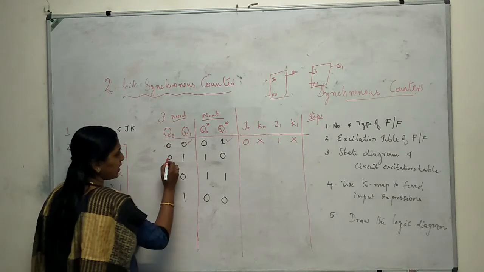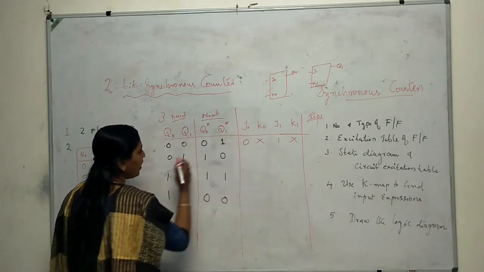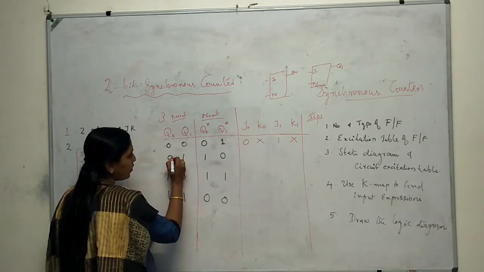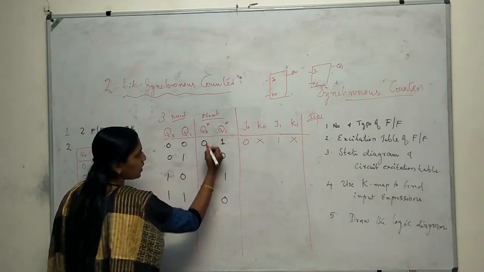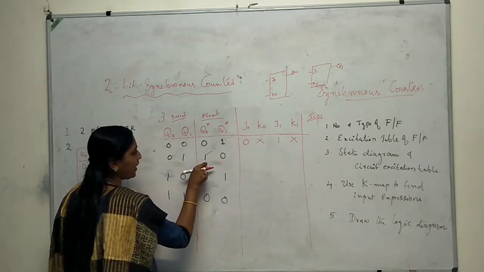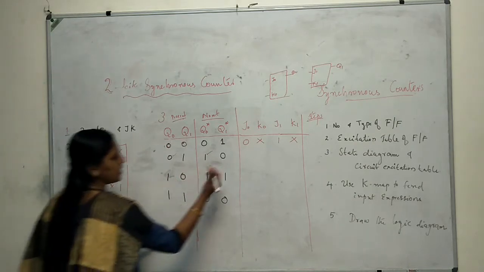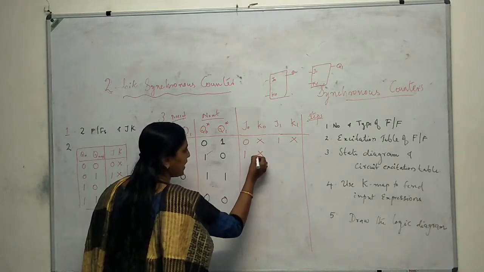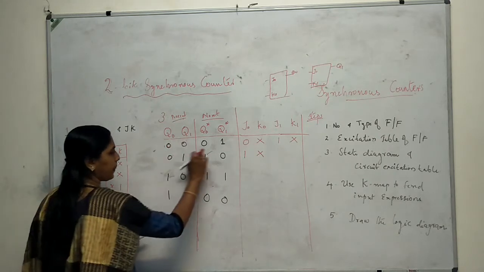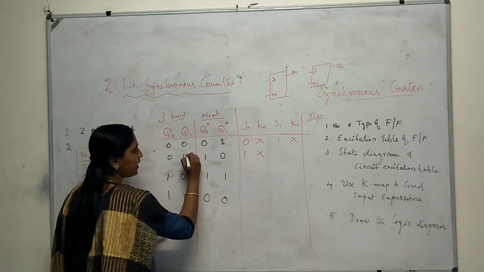Now, next. This is over. Now I take the next Q0. Q0 is 0. What is Q0 star? 1. 0 to 1 means what is JK? 1x. So J0, K0 is 1x. Then I take Q1. Q1 is 1.